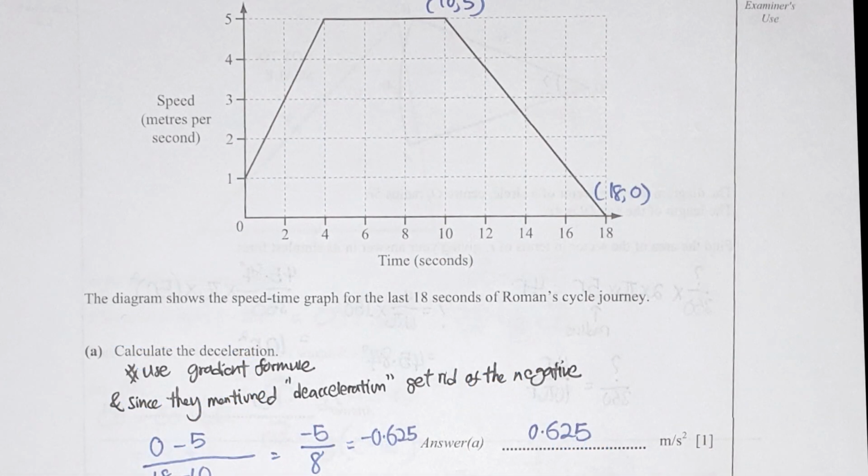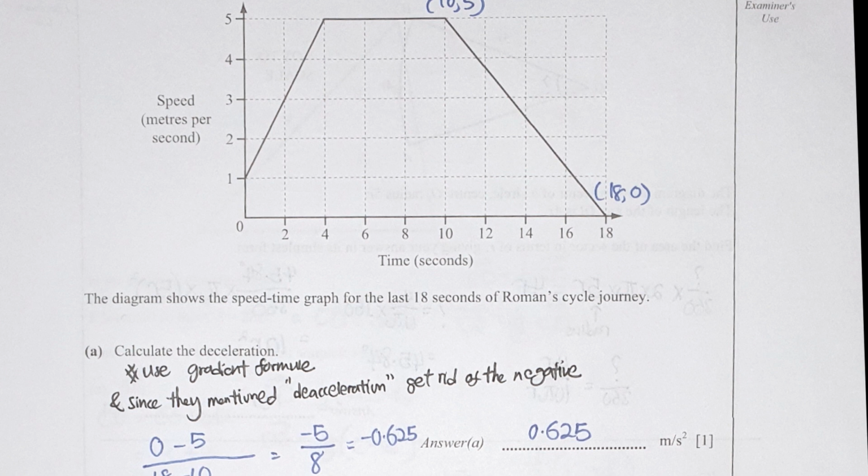Question 19. First thing first, they wanted you to identify the deceleration. Whenever you see this keyword, all you need to remember is to use the gradient formula. Your final result will be negative.